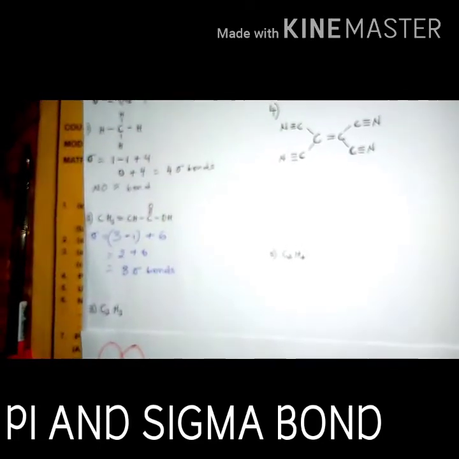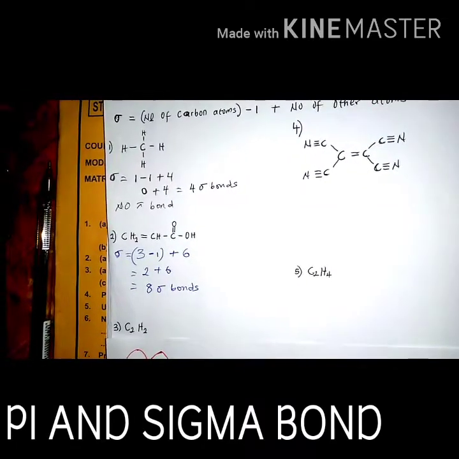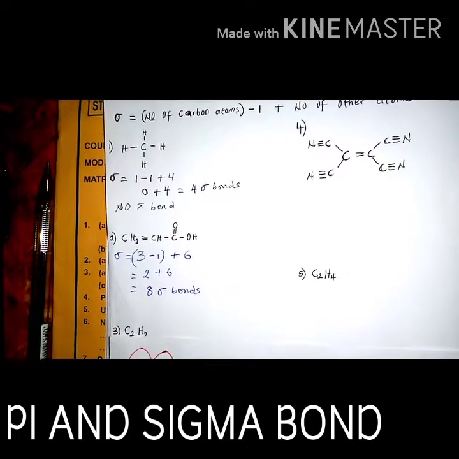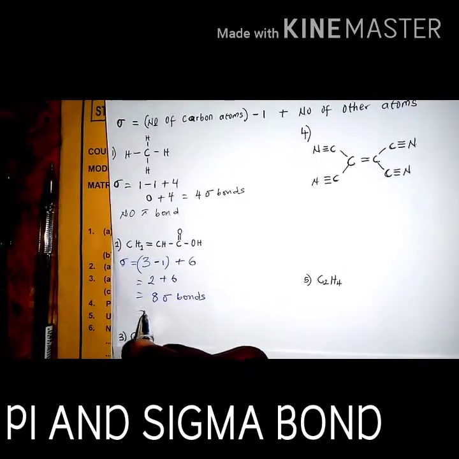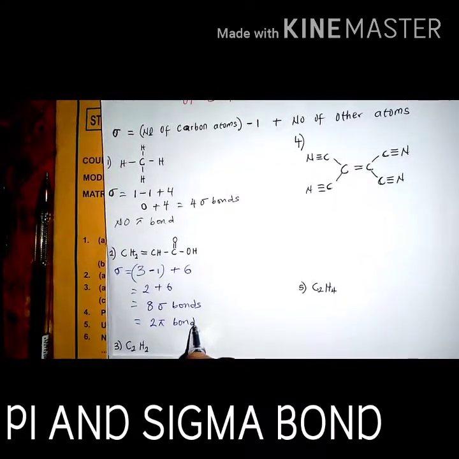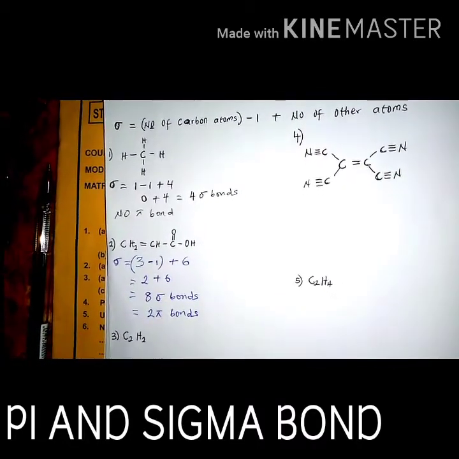So I have 1 pi bond there. Now in between this carbon and this oxygen, I have 2 bonds, so one should be a pi. So I have 1 pi bond there again. So automatically I have how many pi bonds now in this compound? 2. So I have 8 sigma bonds, 2 pi bonds. Quite easy.